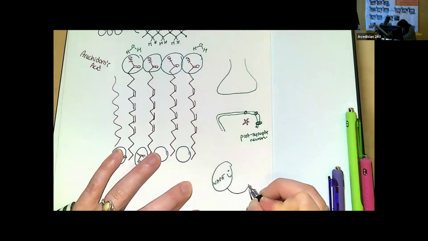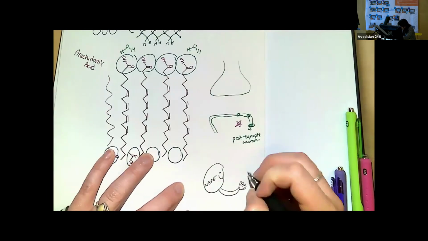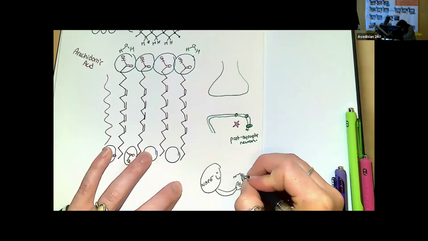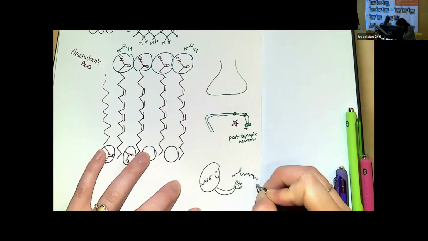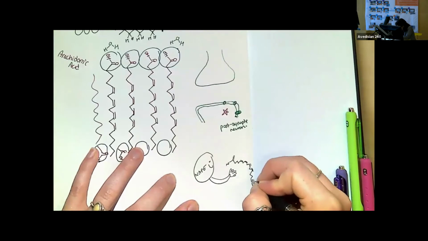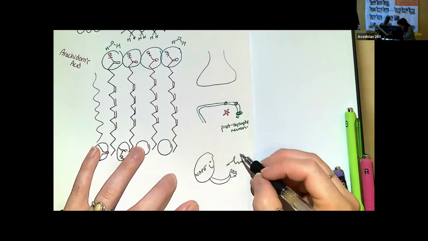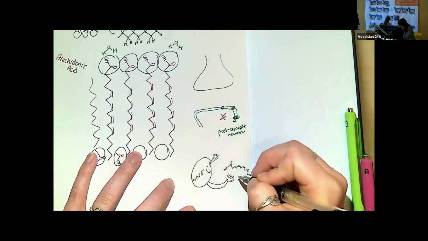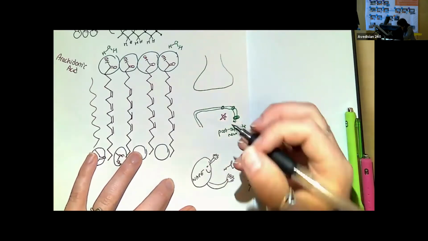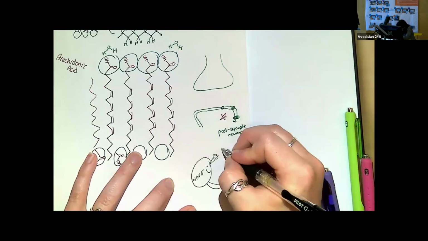So it is going to literally grab an arachidonic acid from that membrane, and the enzyme is going to turn the arachidonic acid into our anandamide.